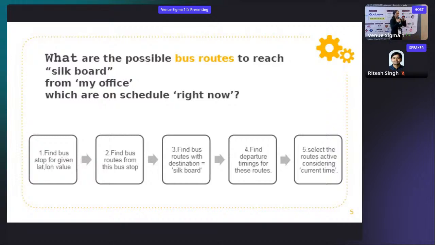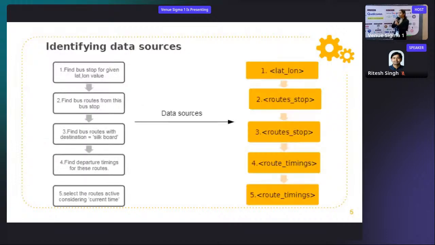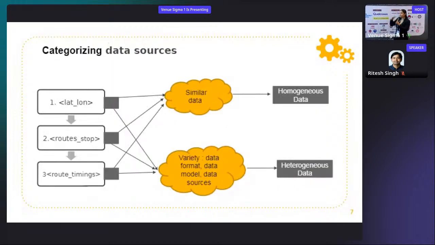Considering this entire subset of problems, when I try to map it to databases, each subset of the problem gets mapped to different data sources, and these data sources can be of similar type or of different type. When the data sources are of similar type, we say it's homogeneous data.